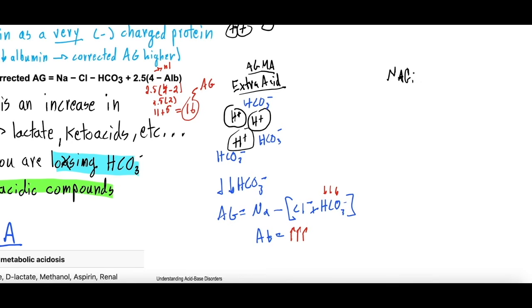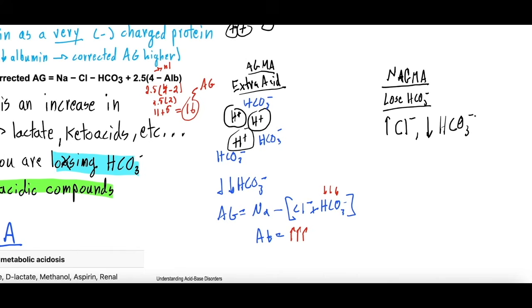A non-anion gap metabolic acidosis, or a NAGMA, does not have extra acid. You're just losing bicarbonate, which is a base. All right. Something that happens, though, when you lose bicarbonate is you actually increase your chloride. Your body does this while you're losing your bicarbonate.